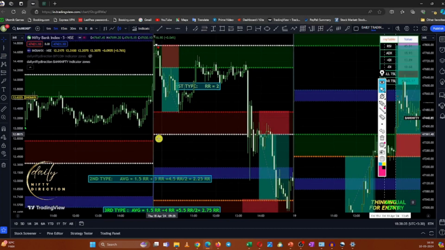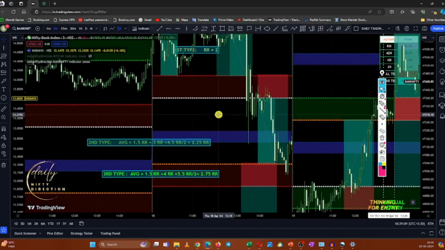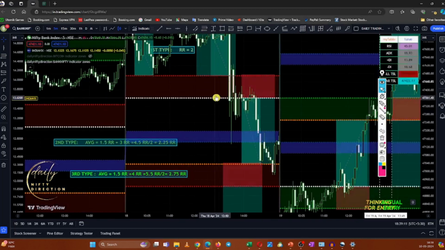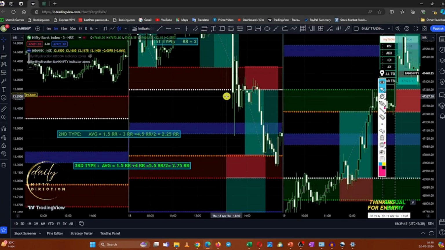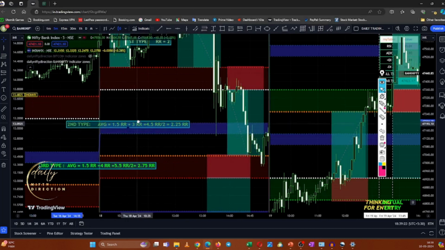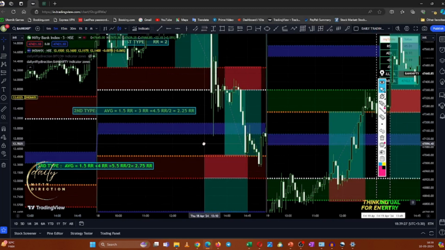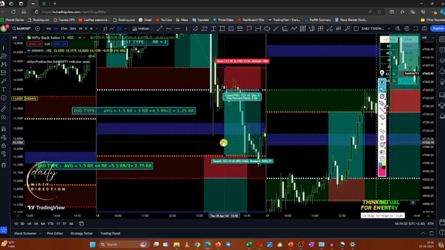Now let us suppose that this barrier is broken out, right? So for breakout trades, what is your risk reward?